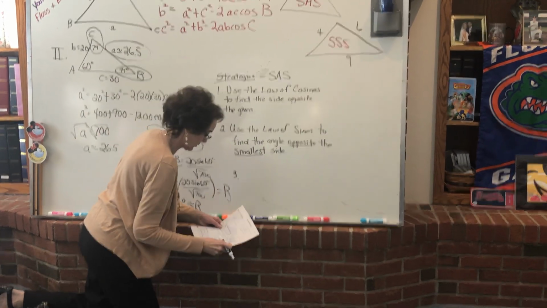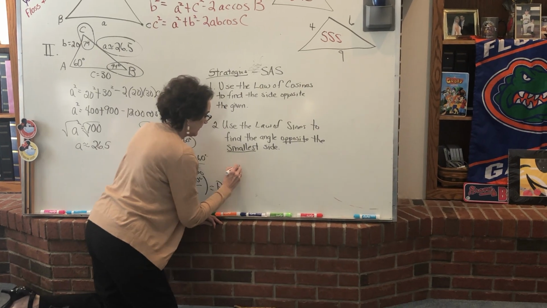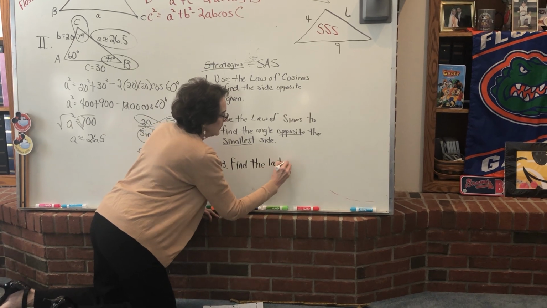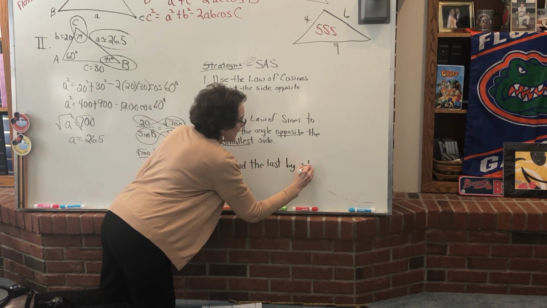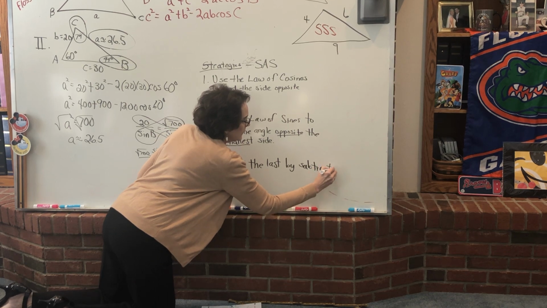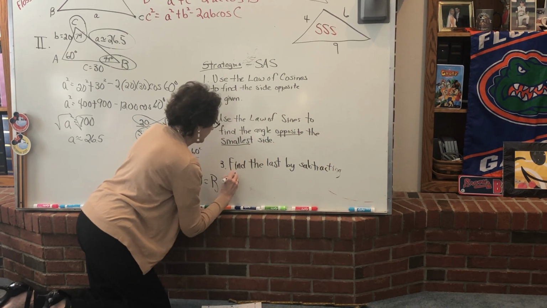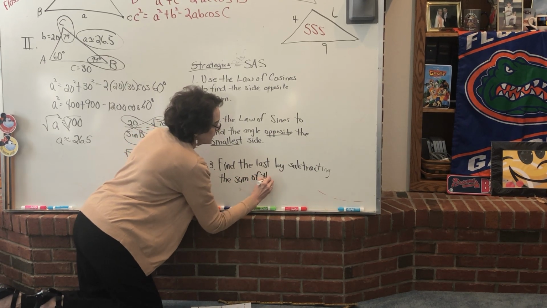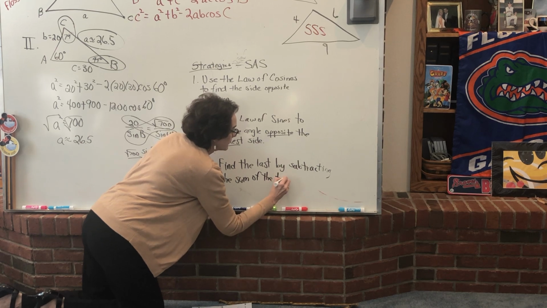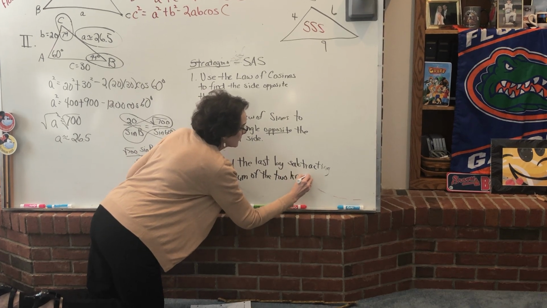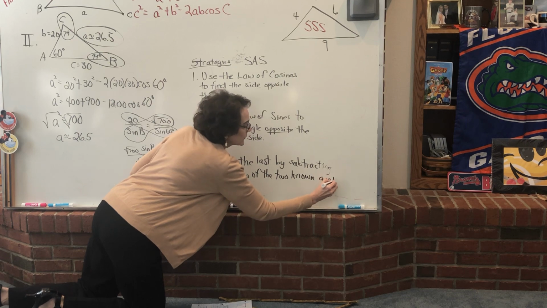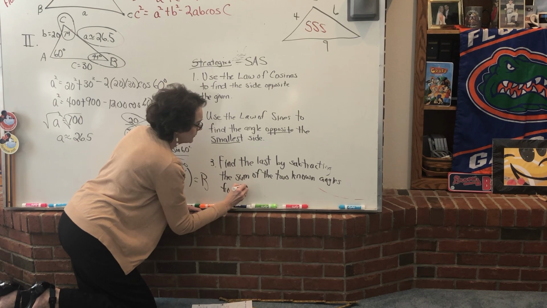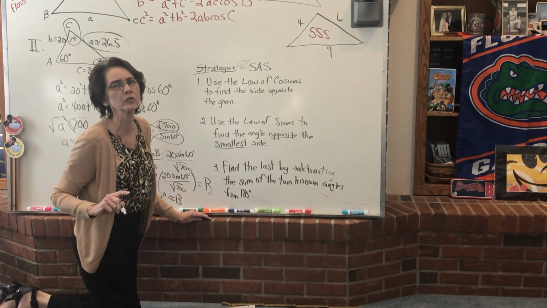And of course, the last thing is to find the last angle by subtracting the sum of the two known angles, and I know you know this, from 180 degrees because of the good old triangle sum theorem that you learned in geometry.